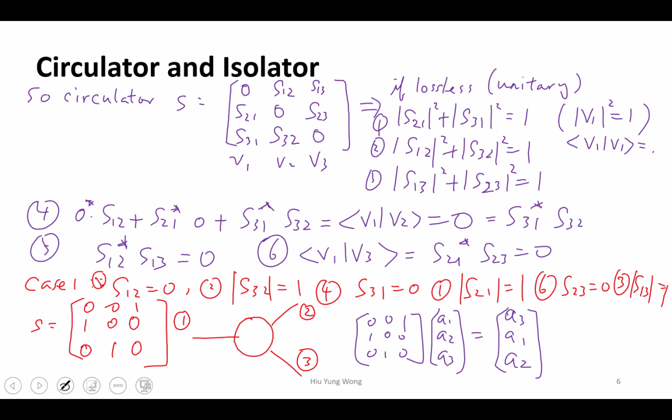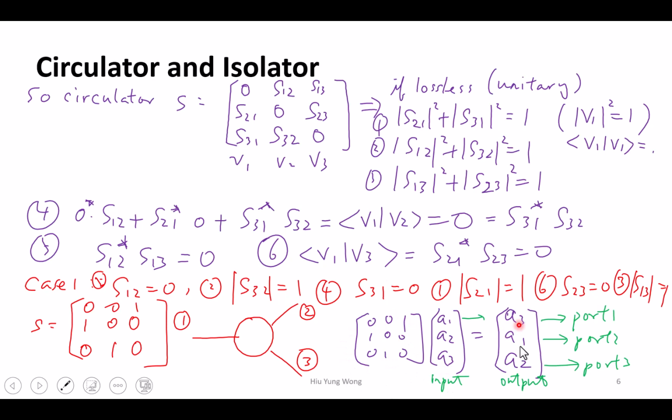Maybe it's difficult to see. All the first column is port 1, port 2, port 3. And this is the input, and this is the output. Very confusing, but do you see it? Because this is the input, I have A1 at port 1, A2 at port 2, A3 at port 3.